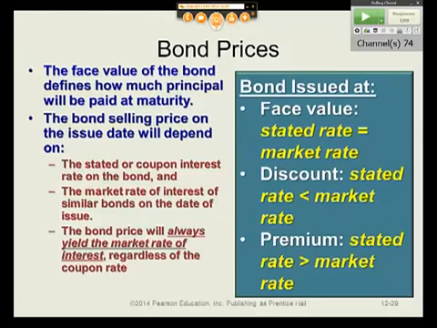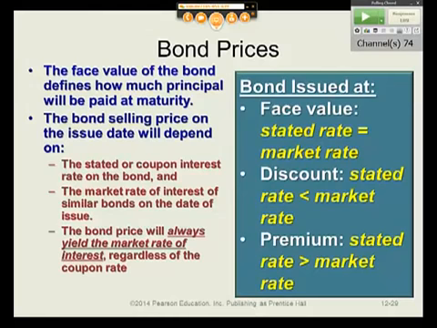So if you take this from the standpoint of the investor, if the investor is buying a bond that pays 8%, but only pays $900 for it, they're going to get $1,000 at the end, so their rate of return is also 10%.